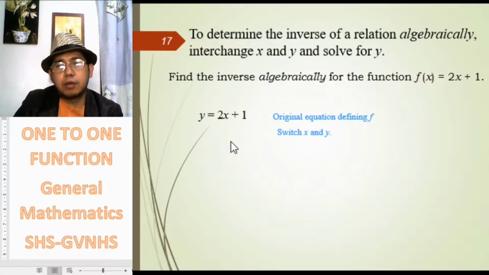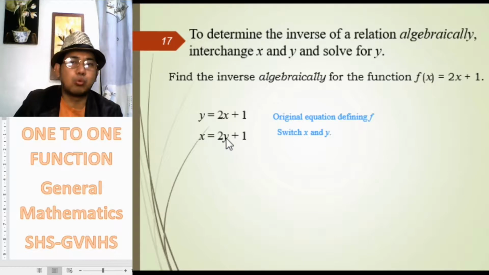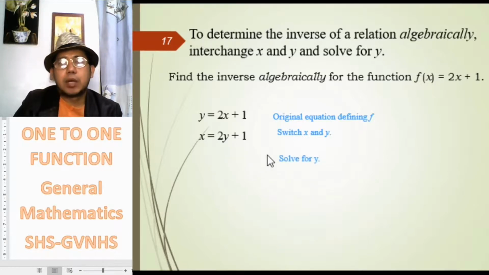After having this original function, I will interchange the position of x and y. So I have a new statement, x is equal to 2y plus 1. To continue, solve for y after interchanging the position of x and y.